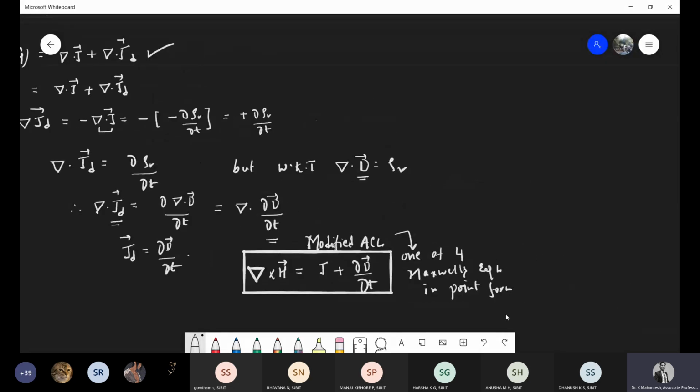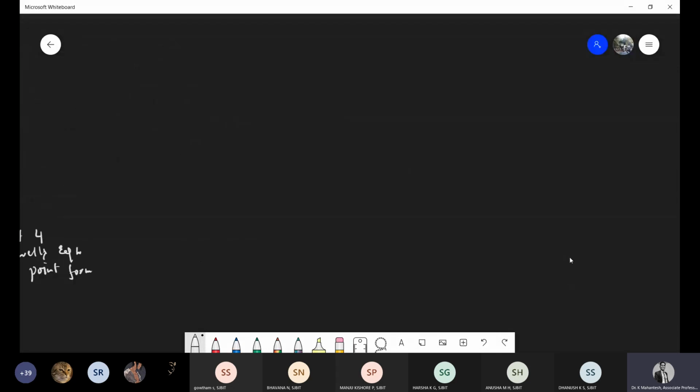So this was about the displacement current, where again a modified Ampere circuital law, where we mentioned the inconsistency. This is one part where I mentioned the inconsistency of Ampere circuital law with respect to a time varying field.